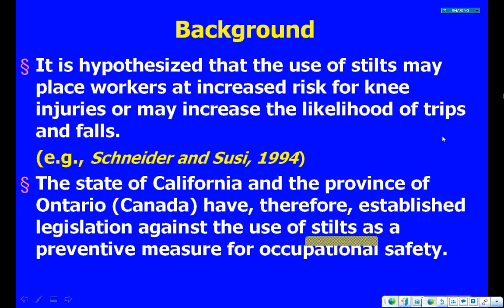That's why the state of California and the province of Ontario in Canada have established legislation against the use of stilts as a preventive measure for occupational safety. But despite these regulations, stilts are still widely used in North America and Europe on construction sites.